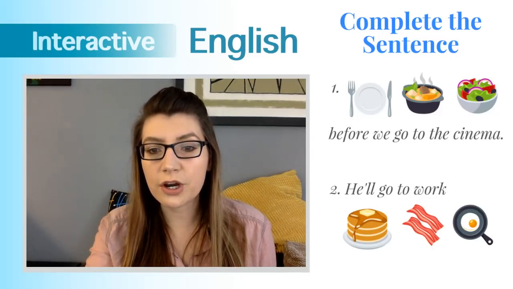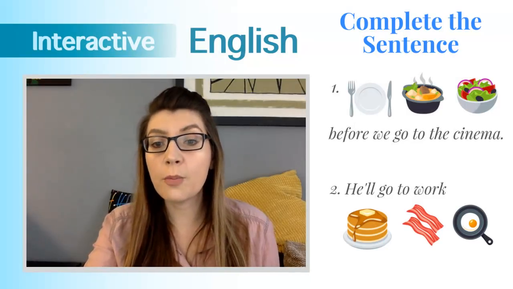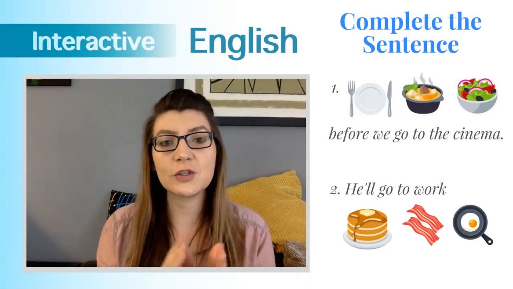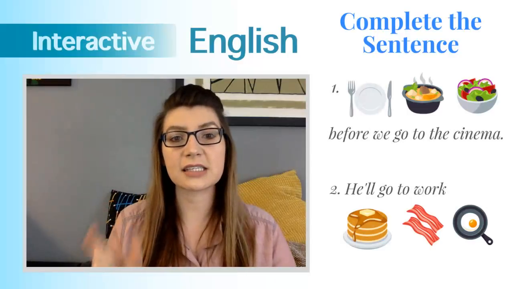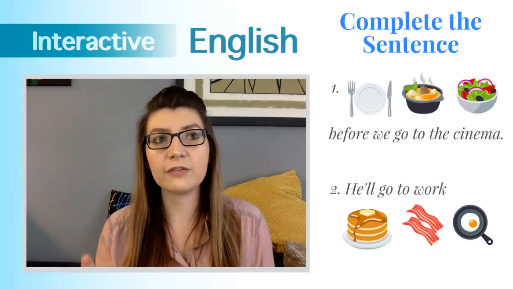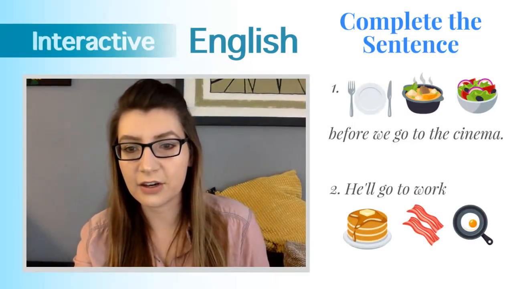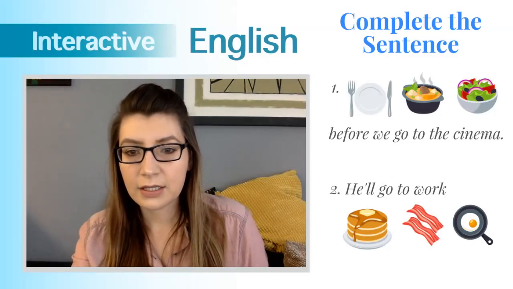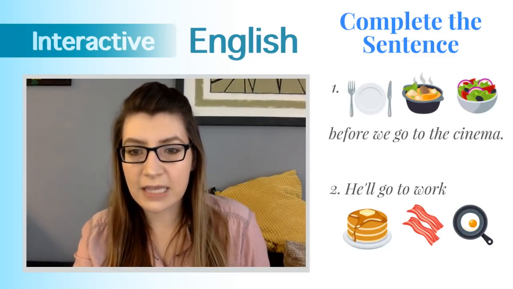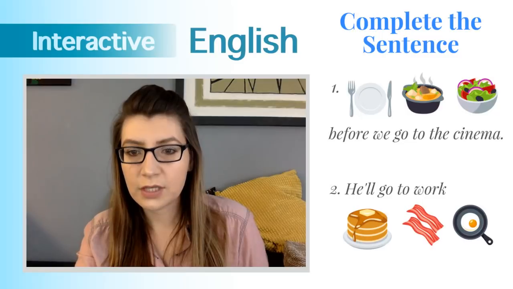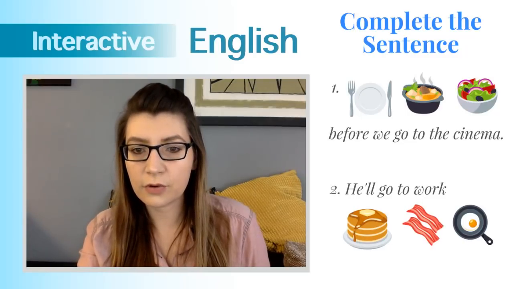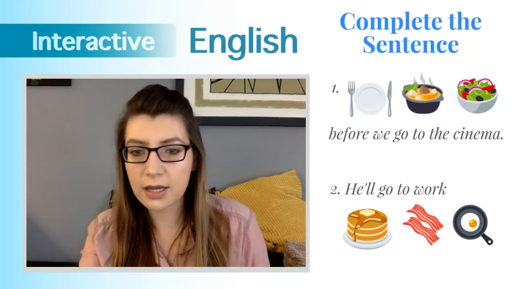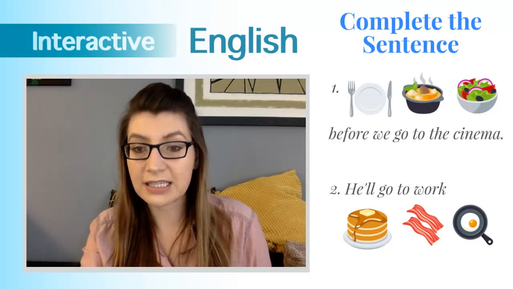He'll go to work after a good breakfast. Okay, almost. Very good. That's a good sentence. You just need to add, remember, a clause has a subject and a verb. So you have to introduce a subject and a verb right there. Yeah, you guys are doing amazing. He'll go to work after he gets breakfast. Gets.